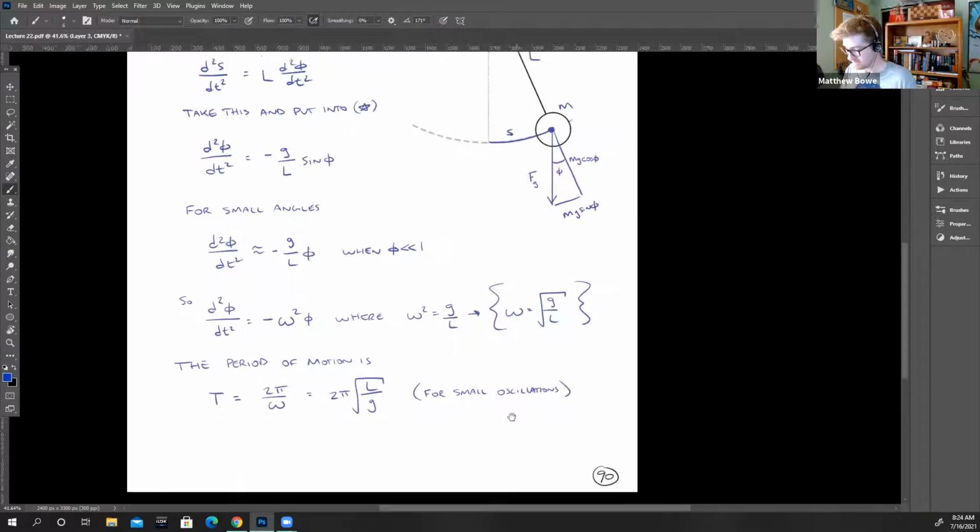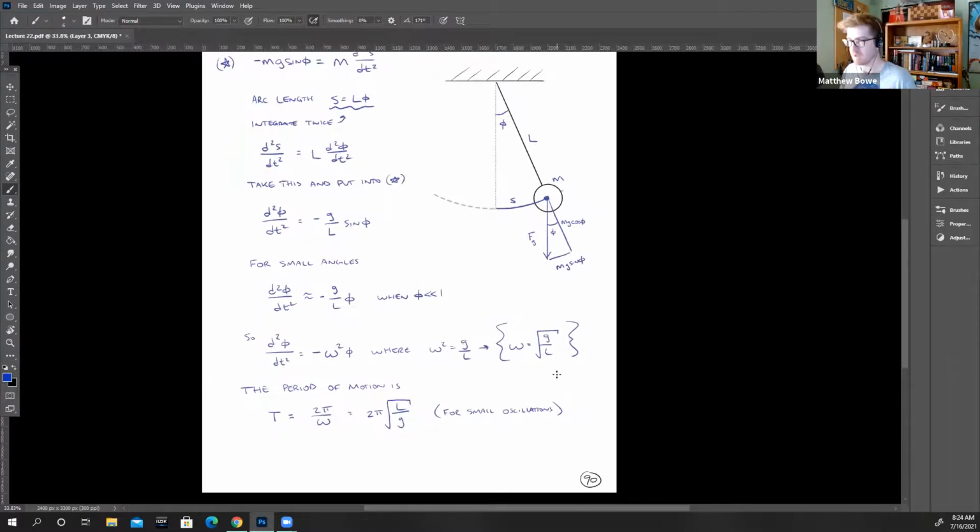So what does the period of a pendulum swing depend on? Well, it depends on just some radial factor. It's 2 pi times the square root of the length of the pendulum over gravity.